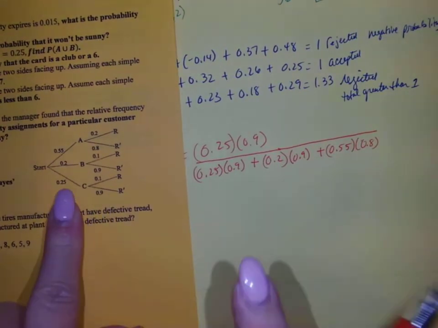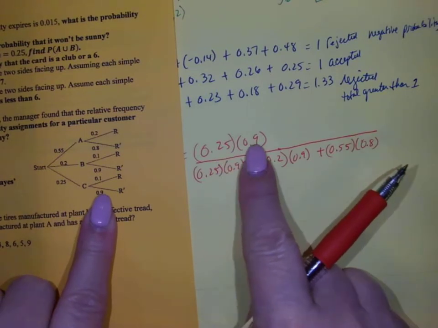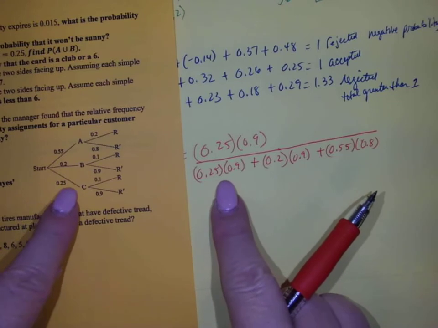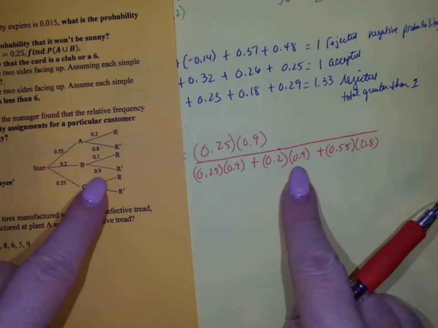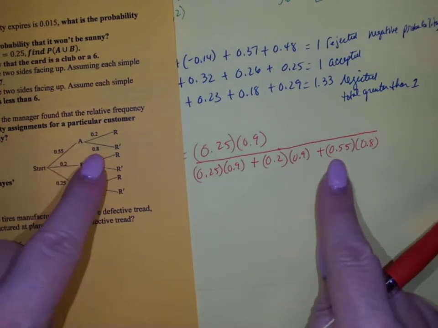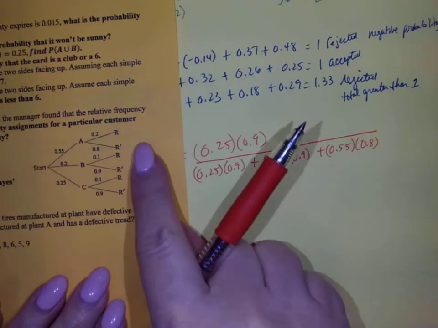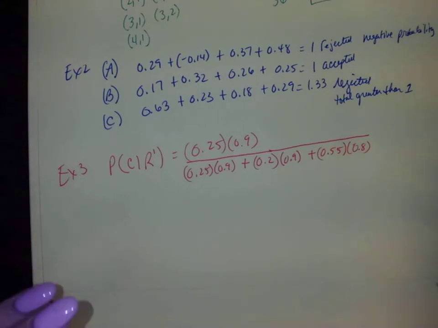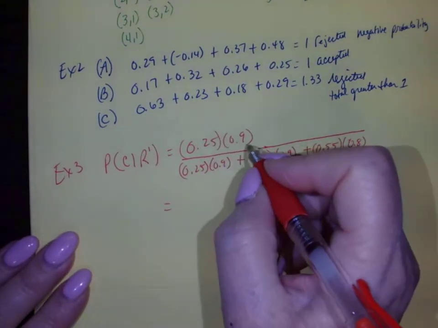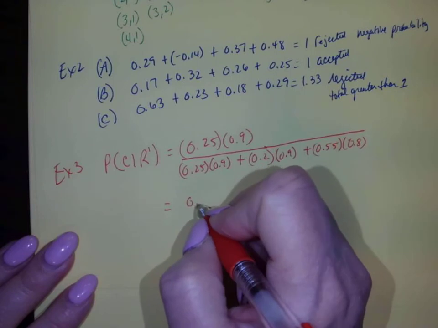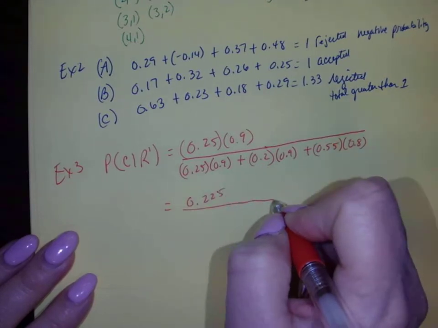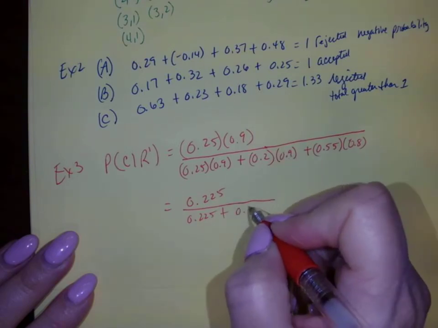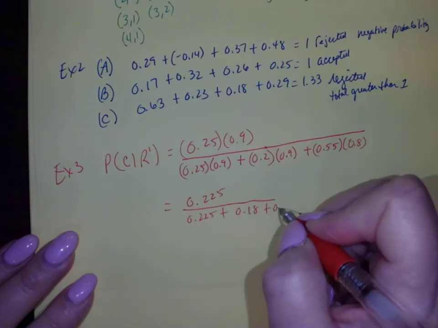Now that I've shown you the numbers, let's look at, again, why. 0.25 times 0.9 is the part we're looking for. And then we have to put the denominator as this one, and then 0.2 and 0.9, and 0.55 and 0.8. So we're only looking at the R complements, we're not looking at the R's. All right, now we just have to do some math. On the top, we will get 0.225, and on the bottom, we have 0.225 plus 0.18 plus 0.44.